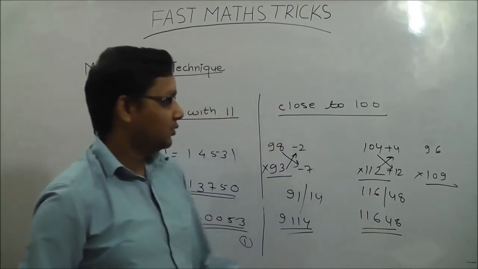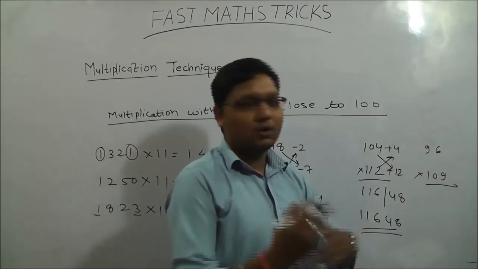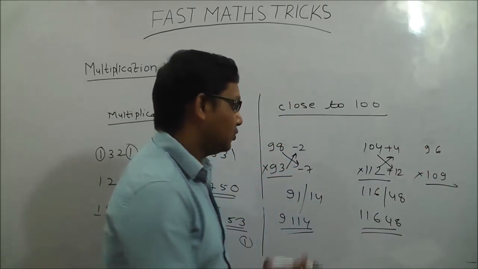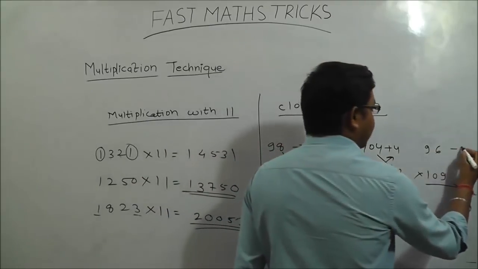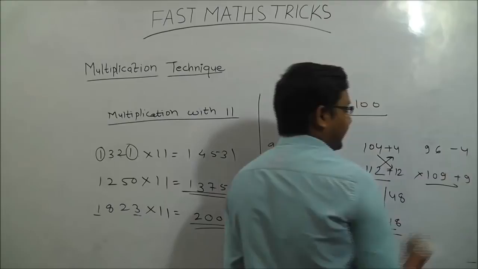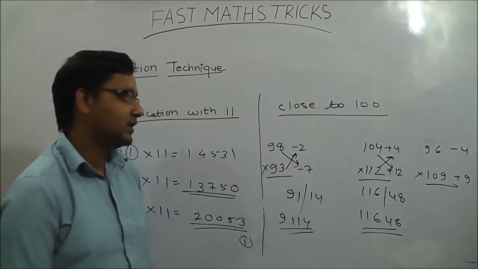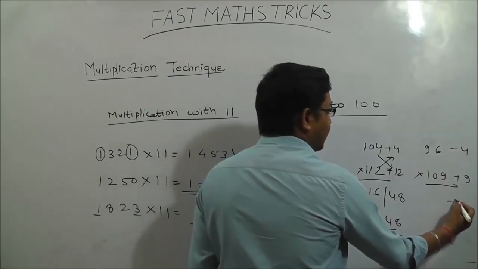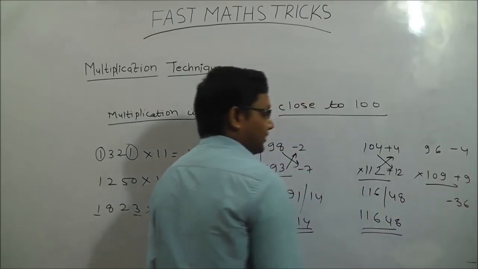Okay, so our next question is the combination of both. 96 into 109. So how much less than 100 is it? Minus 4. How much more than 100 is it? 9. So minus 4 and plus 9. Multiplying minus 4 into plus 9, how much will we get? Minus 36.